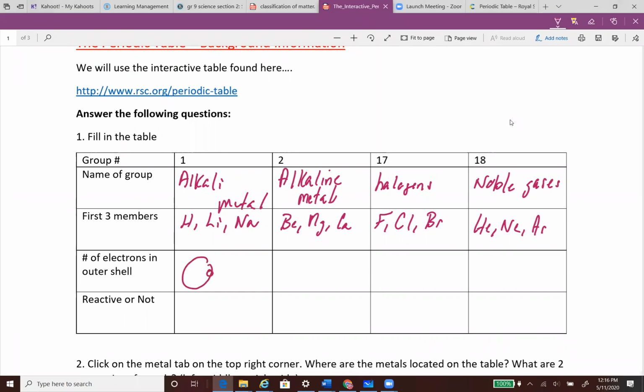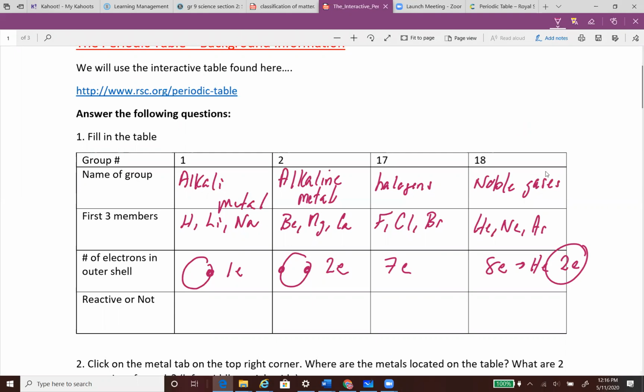If it's in column 2, it has 2. This is, of course, for a neutral atom. The halogens have 7 electrons, and the noble gases have 8, except for helium, because helium can only have 2, because it only has 1 ring, and the first ring can hold a maximum of 2 electrons.